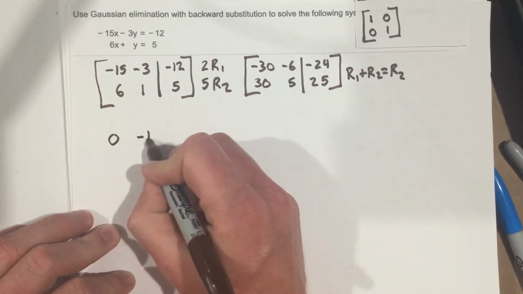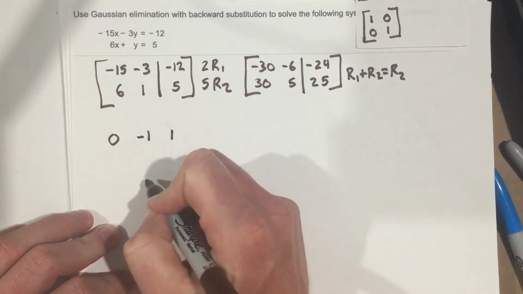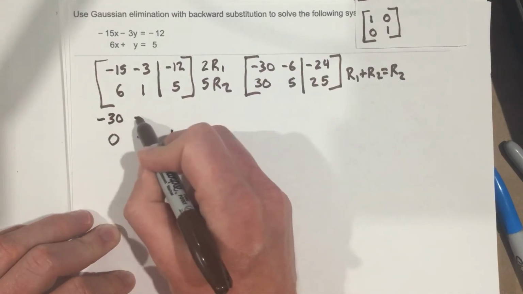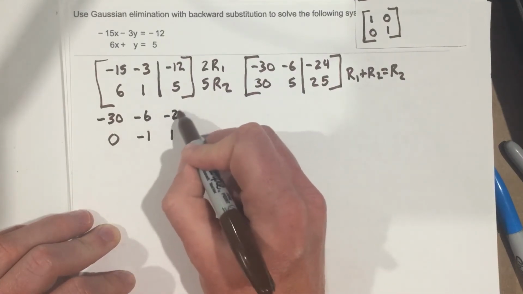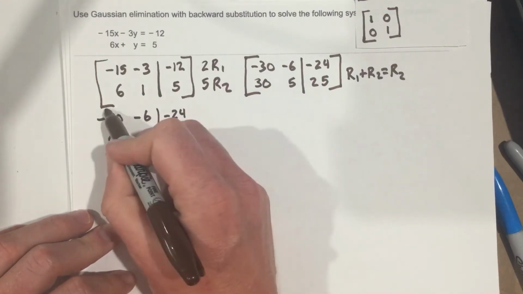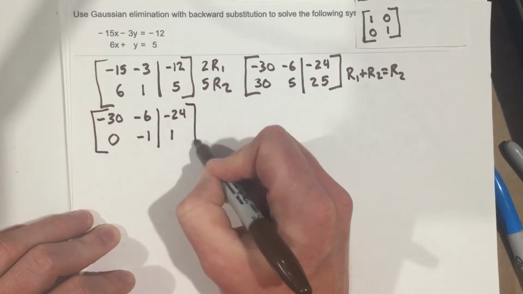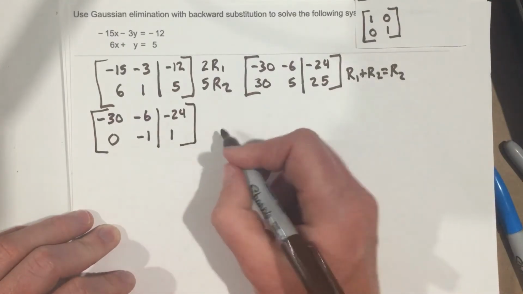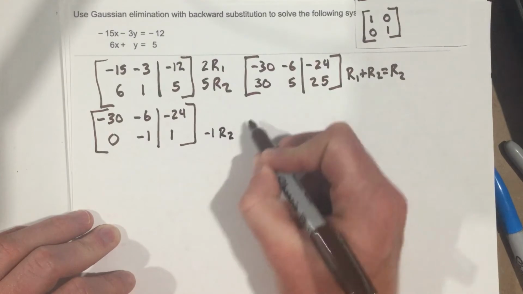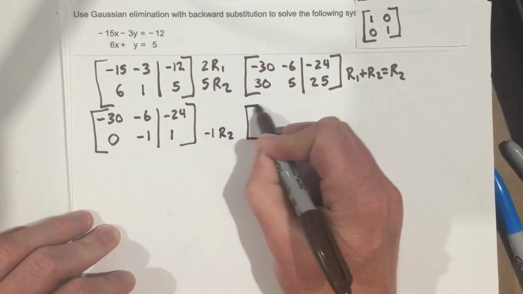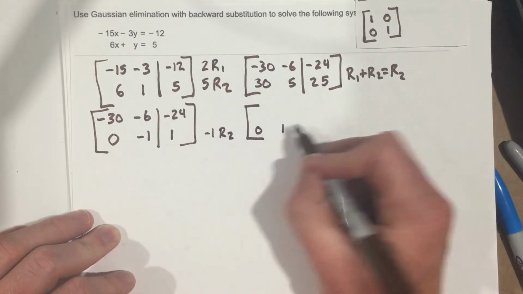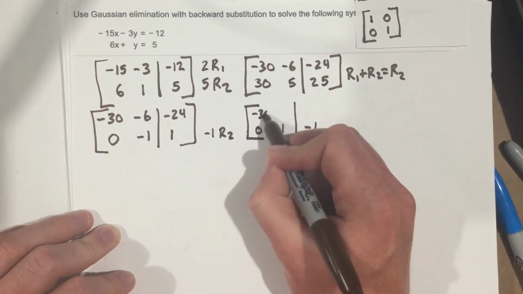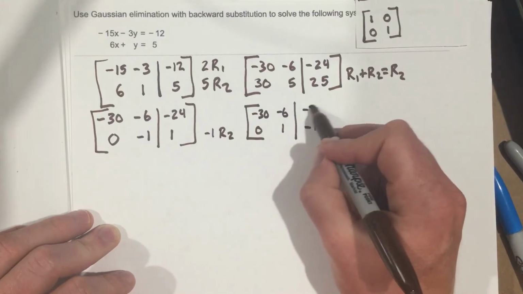This is negative 1, and this is 1. On top, I still have negative 30, negative 6, and negative 24. Now I want to get the bottom right to be 1. That just means multiply negative 1 times row 2, and I can rewrite this as 0, 1, negative 1, and this is negative 30, negative 6, negative 24.